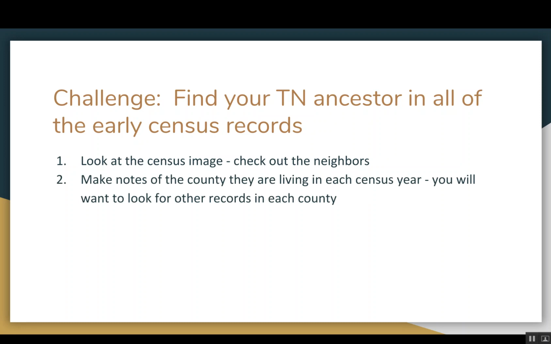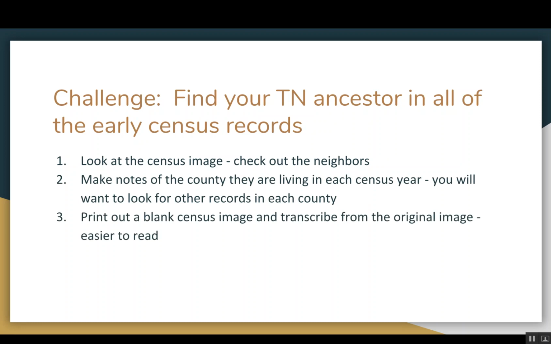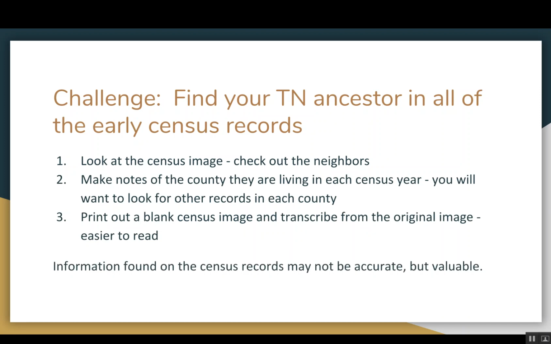Make sure that you make notes of the county they're living in for each census year, because you're going to want to look for records later on. Print out a blank census image and transcribe the original image so it's easier to read. And just remember, the information found on the census records may not be accurate, but it will be very valuable.